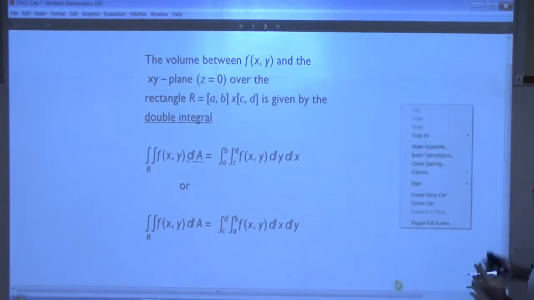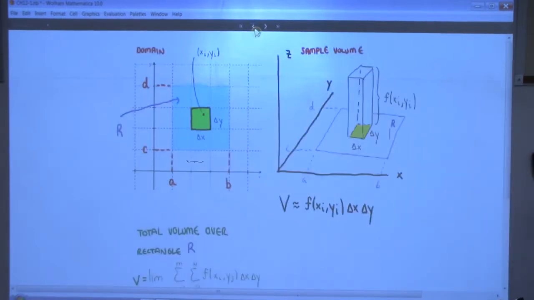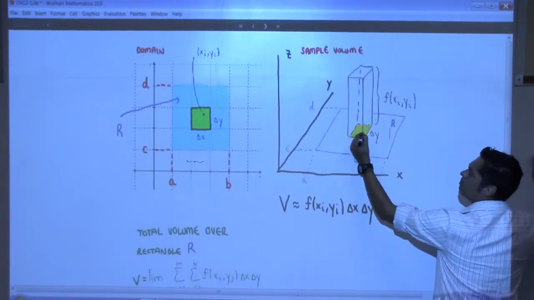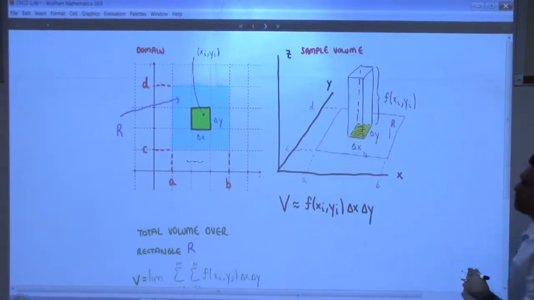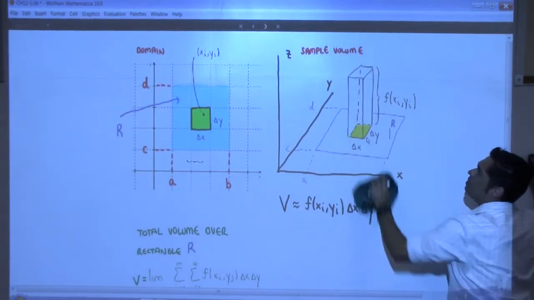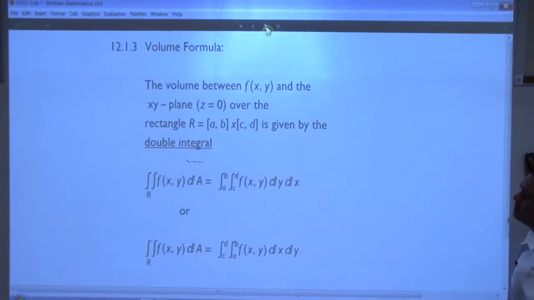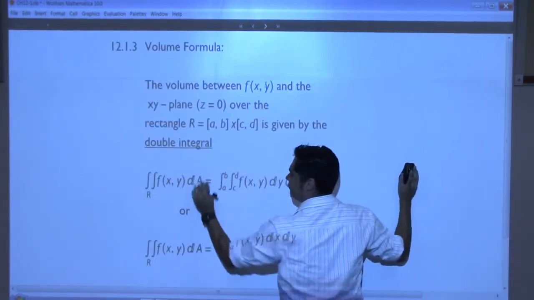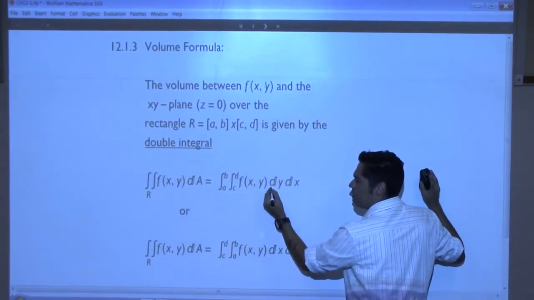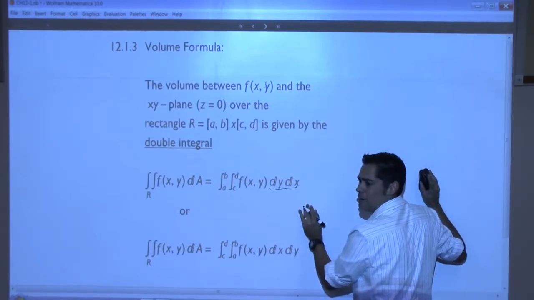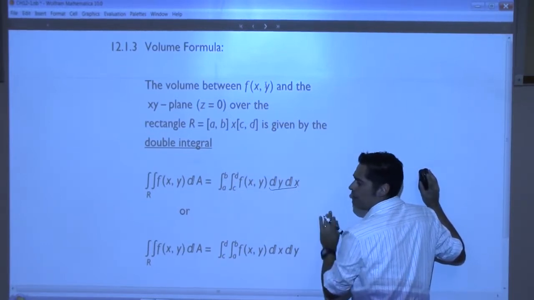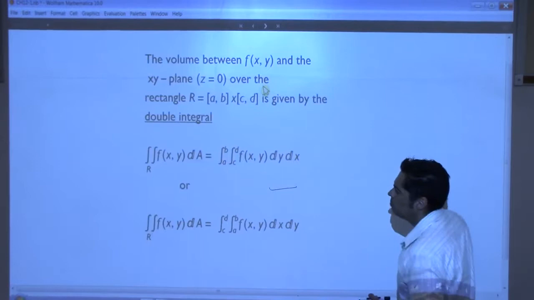If I go back to that picture, this right here, that yellow piece right there is delta x times delta y. That's a little area on the ground, isn't it? So that is actually the dA. And now if I just change that over, this is what dA is, right? dx times dy.